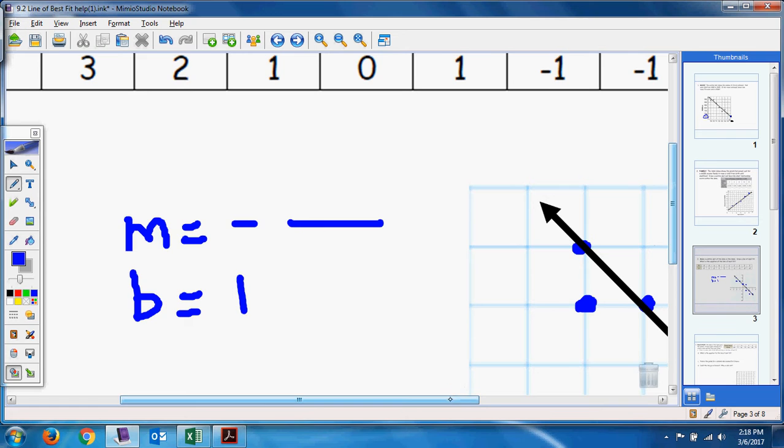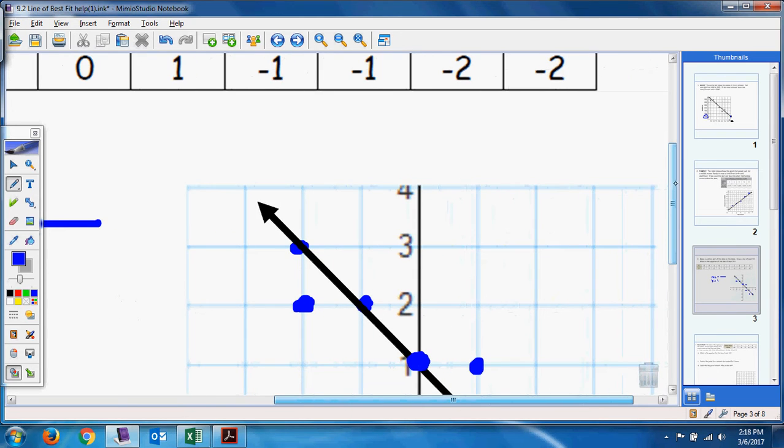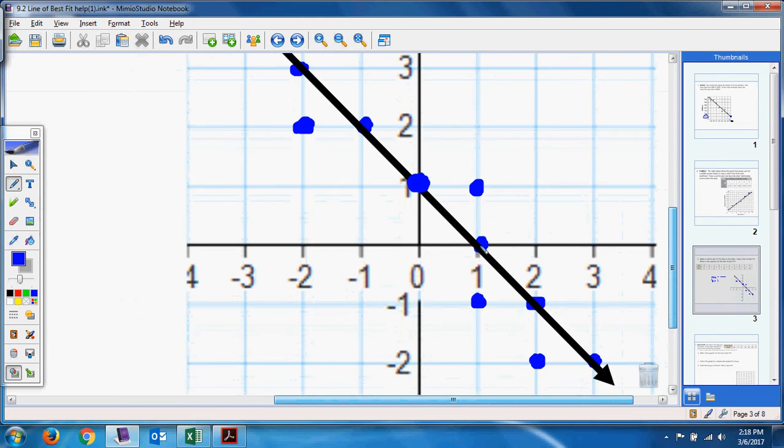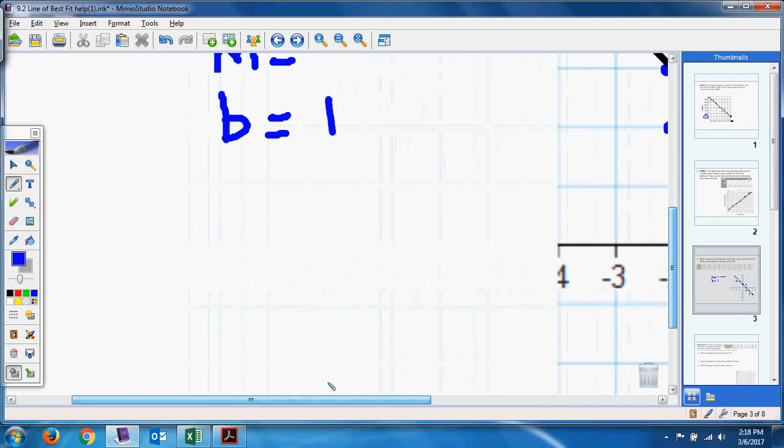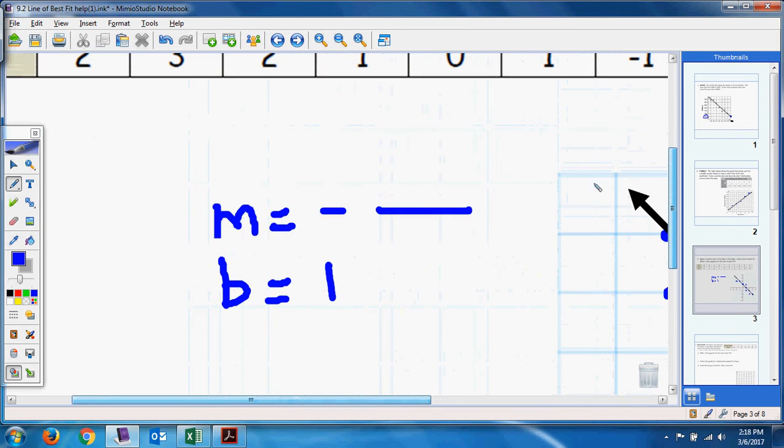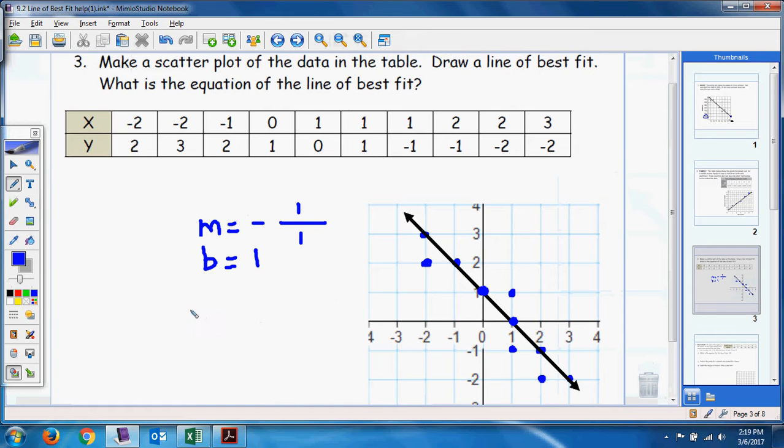And then downhill, for our slope, we need another point here. So according to this, it'd be down 1, right 1, down 1, right 1. So that gives me a slope of -1 over 1. And if we put it together, that's going to be y is equal to -1 over 1, or just -1x, and then a plus 1 there.